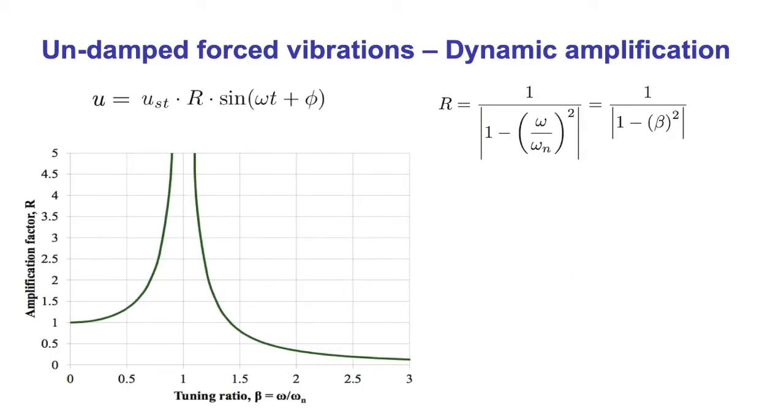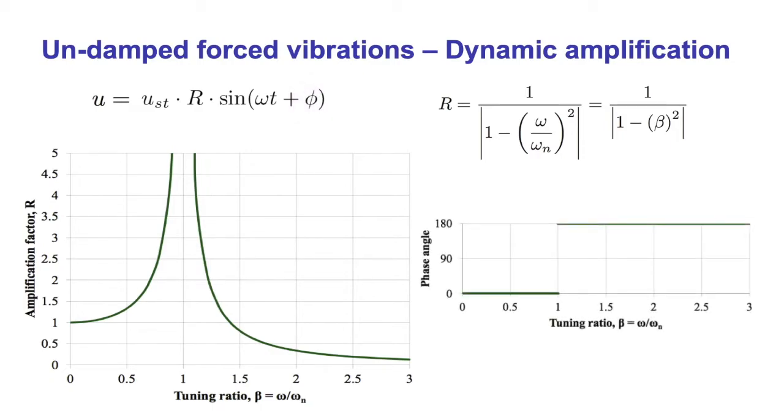The variation of the dynamic amplification factor R as a function of the tuning ratio beta is shown in this graph on the left. Likewise, the phase difference as a function of the frequency ratio beta is represented in this figure on the right. Three types of responses can be identified in these graphs.